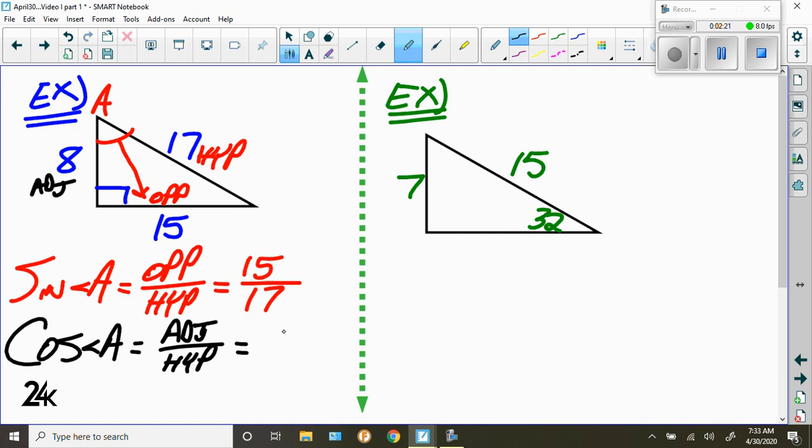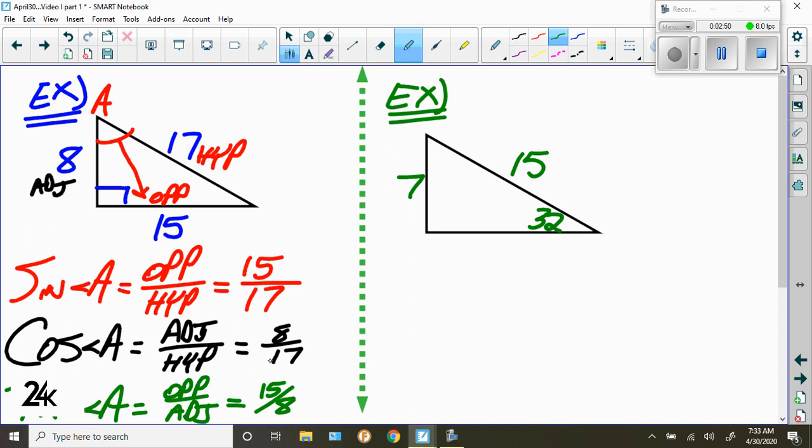So it would be 8 over 17. Leave it. And lastly, if I said what's the tangent of angle A, well, that's opposite over adjacent. So that would be 15/8. Leave it. Got it? Get it?